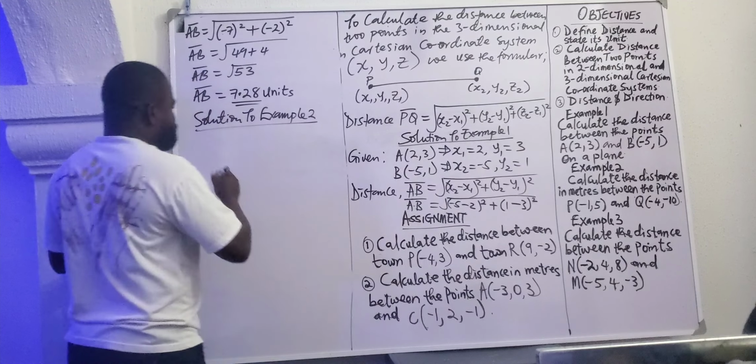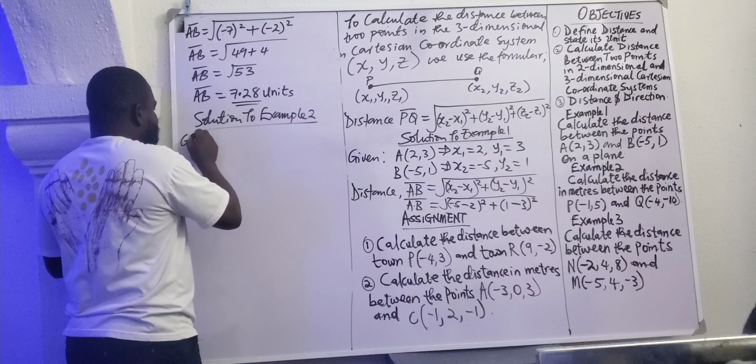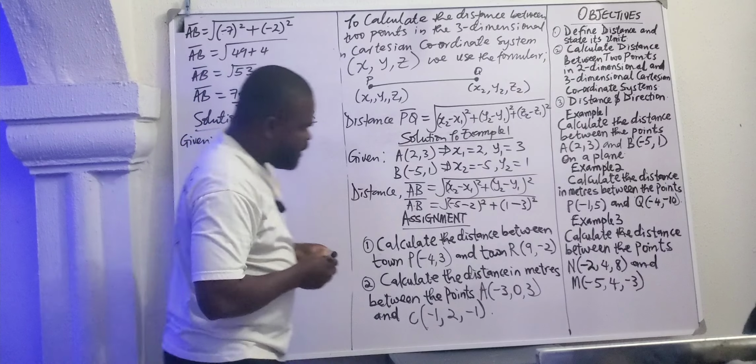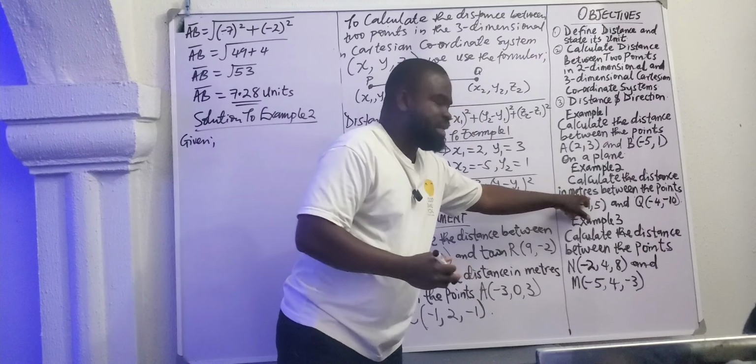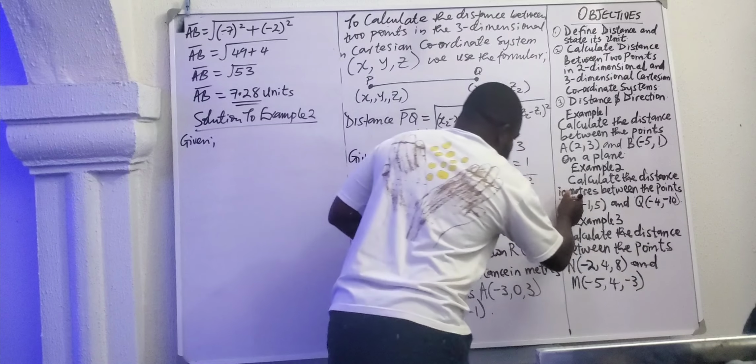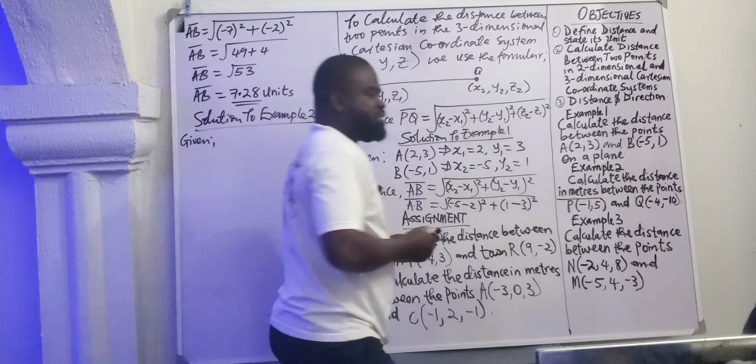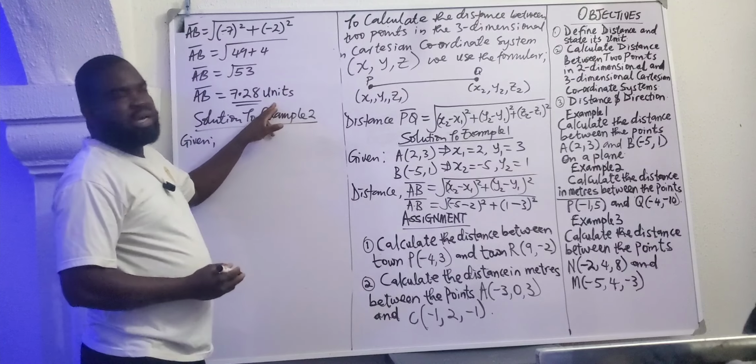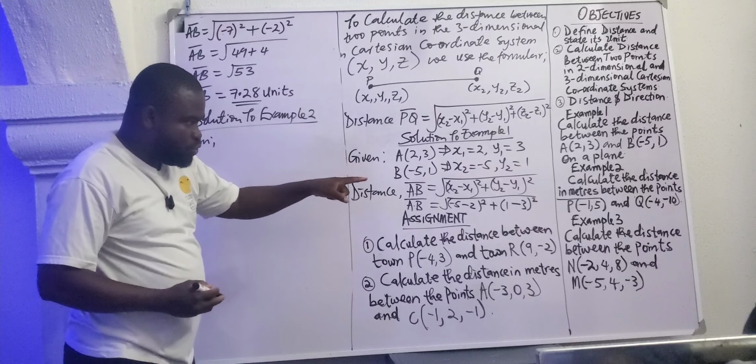So let's look at example 2. What are we given there? We are told to find the distance in meters. So this one you are told what you need to express it. So you will not use unit at the end of the answer. Rather, you will use meter.